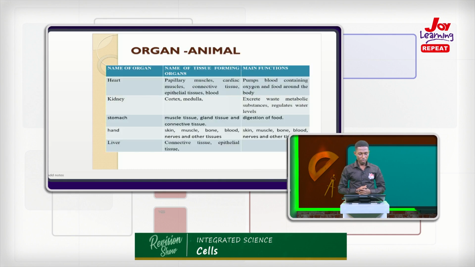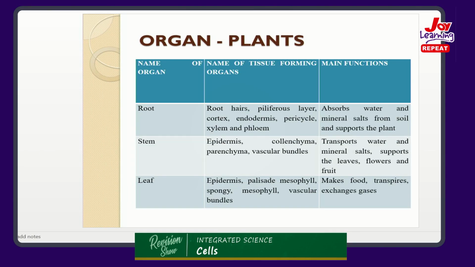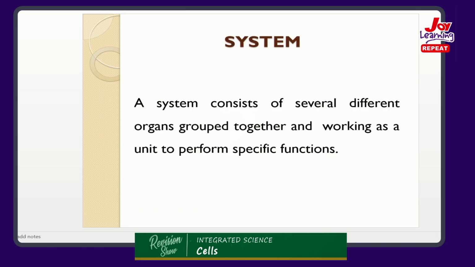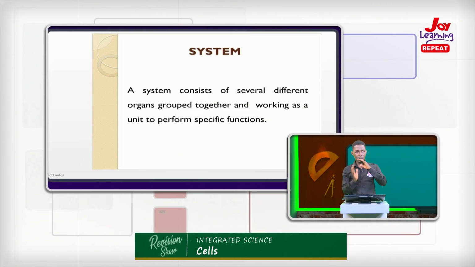And on your screen, we have a lot here. Heart, kidney, stomach, hand, your liver. Then in plants, you have roots, stems, and leaves. When all these organs are put together, which are connected, so your mouth, your stomach, your intestines, your large intestines, your rectum, all together help us eat and digest food.